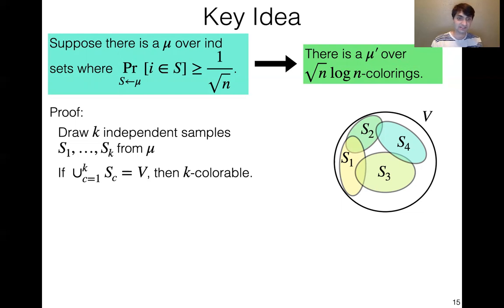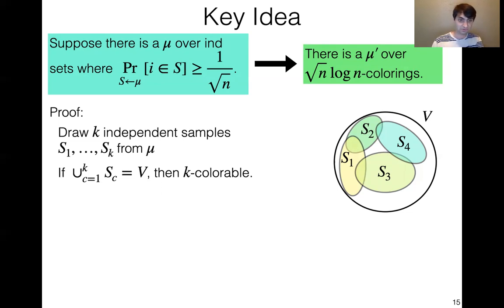This is because these independent sets are namely the k color classes we use in the coloring. There is the slight detail that a vertex could appear in more than one independent set, but this is not a big deal at all, because you can simply remove it from all the other independent sets but one, and then this doesn't change anything.